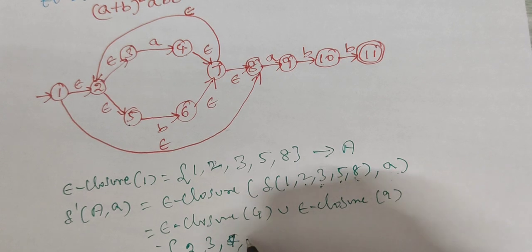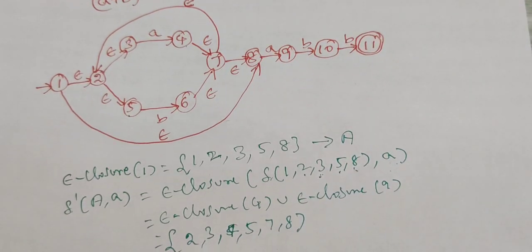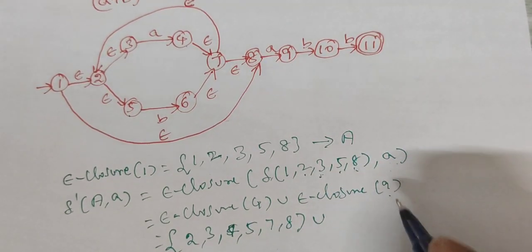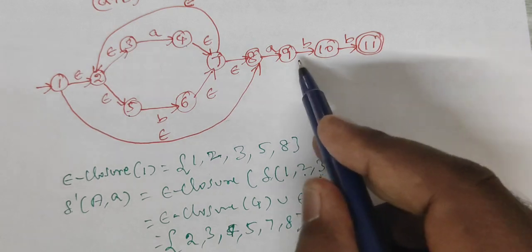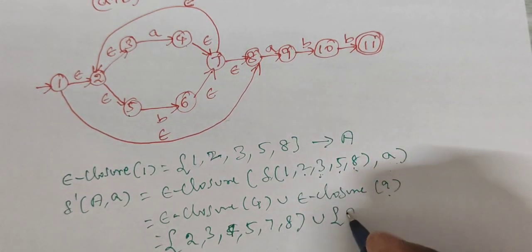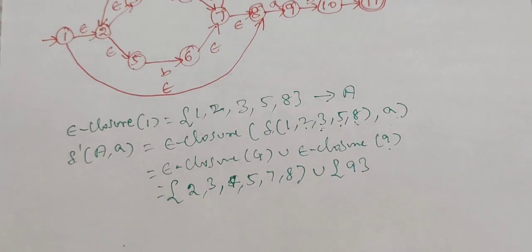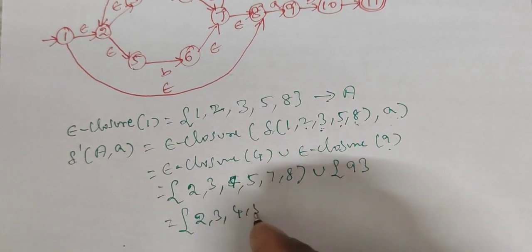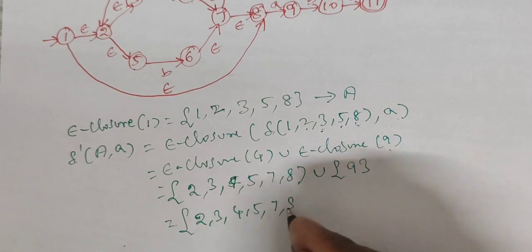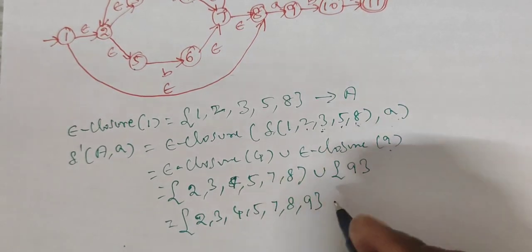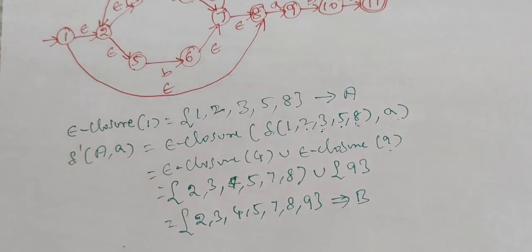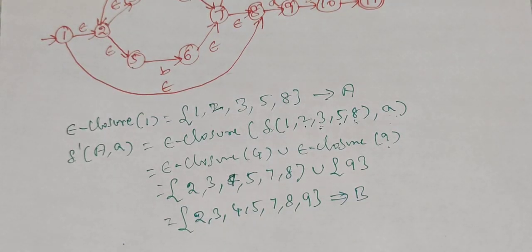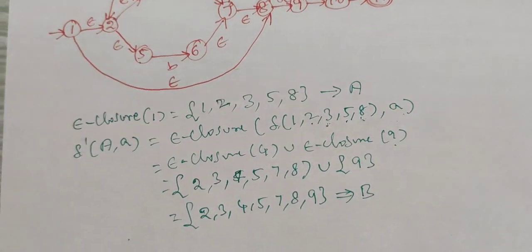So rewriting this, we get 2, 3, 4, 5, 7 and 8, union the epsilon closure of 9. 9 doesn't have any epsilon closure, so we simply write 9. When we rewrite this, it becomes 2, 3, 4, 5, 7, 8 and 9. Now we name this state as B.